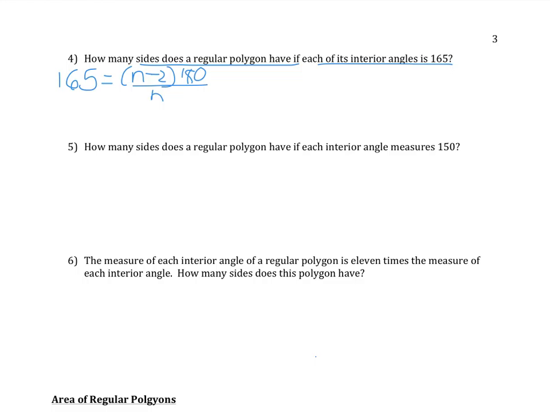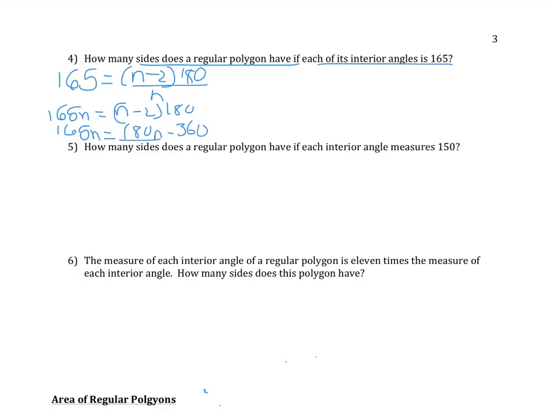I solve this by multiplying both sides by n. I get 165n equals n minus 2 times 180. I'm going to distribute the 180. So 165n equals 180n minus 360.